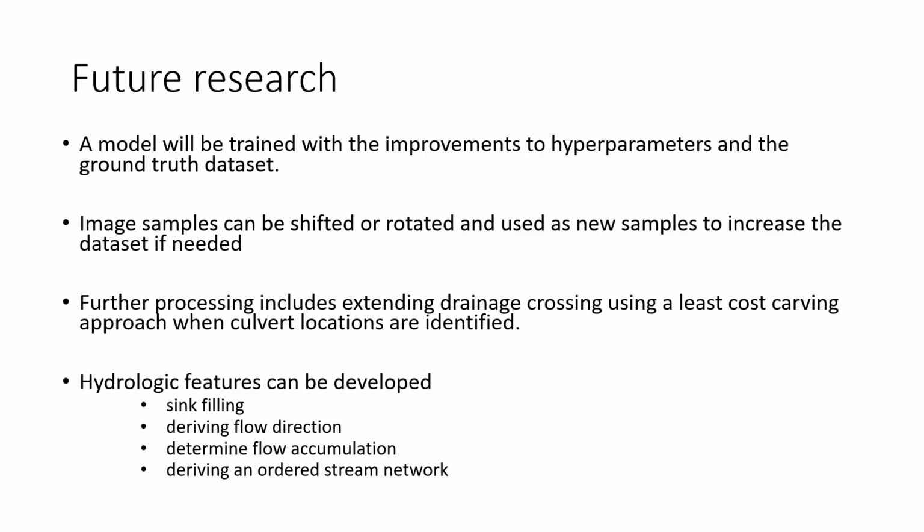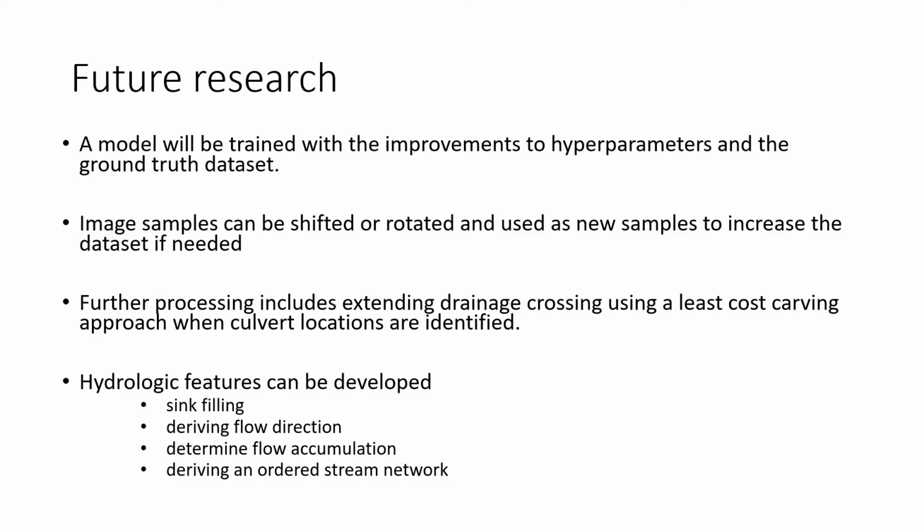So very soon, a new deep learning model will be trained with the improvements that I mentioned earlier to the hyperparameters and with the increased data set. Based on those results, if the data set still needs to be increased, image samples can be shifted or rotated and trained as new samples, which increases the data set and hopefully will make the model more accurate.